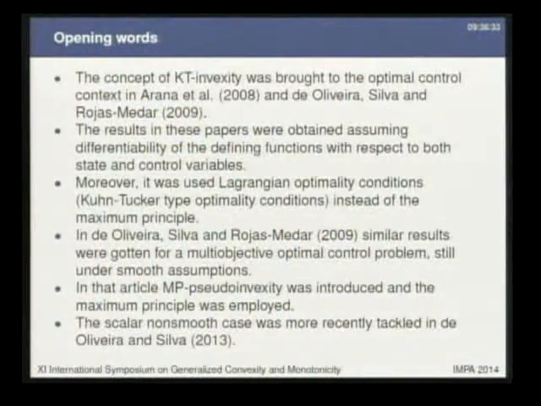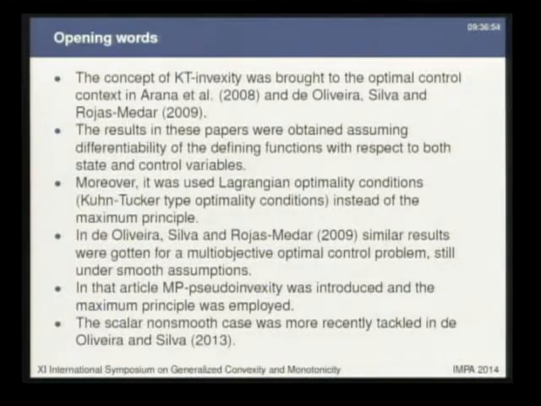So the concept of KT invex was brought to the control context by these two works. The results in these two papers were obtained assuming differentiability of the defining functions with respect to both state and control variables. Moreover, Lagrangian optimality conditions were used instead of the maximum principle.